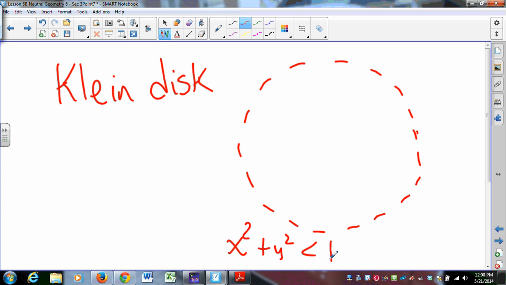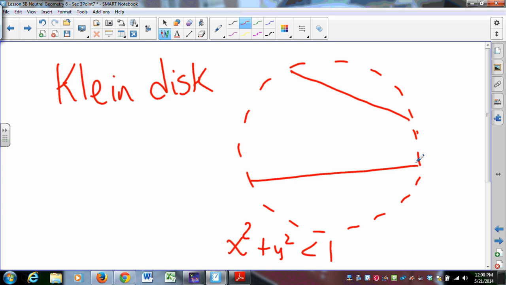It's everything inside of the unit circle. In the Klein disk, lines are lines the way we think of them Euclidean-wise. The trick will be measuring distance between points and measuring angles in this geometry.